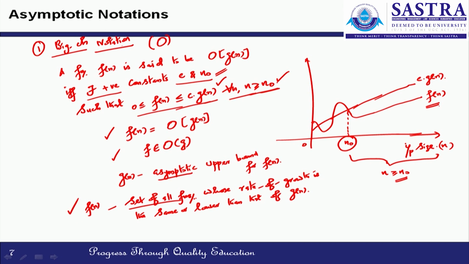Seeing the graph, the set of all functions, say f of n, whose rate of growth is the same or lower than that of g of n. The rate of f of n may be equal, f of n is equal to c into g of n, or f of n is less than c into g of n.